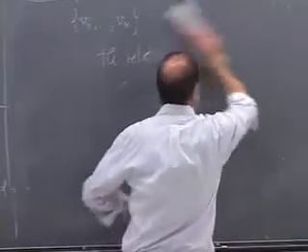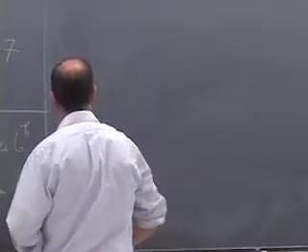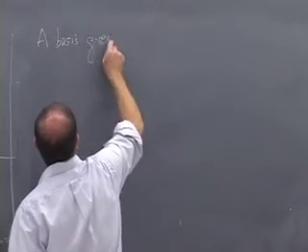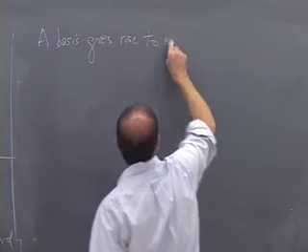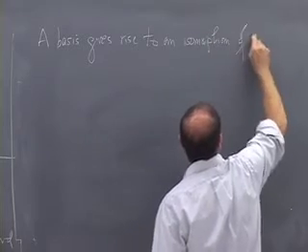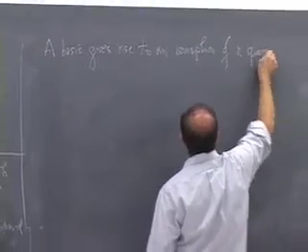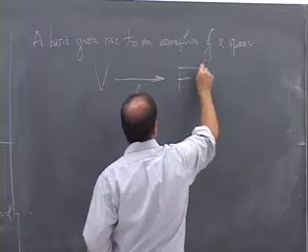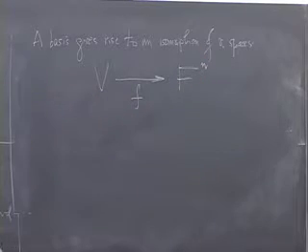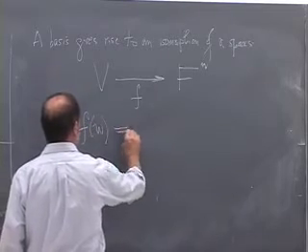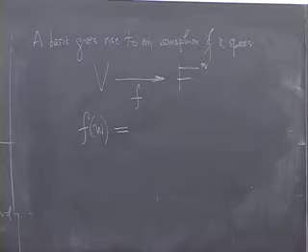In terms of the language we used last time, a basis gives rise to an isomorphism of vector spaces from V to the vector space F^n, which takes an arbitrary vector w in V to its coordinates in this unique expansion of w with respect to the vectors v1 through vn.